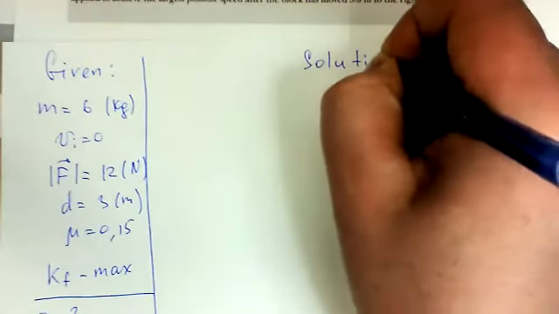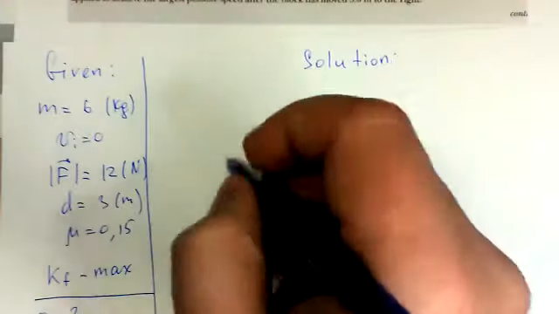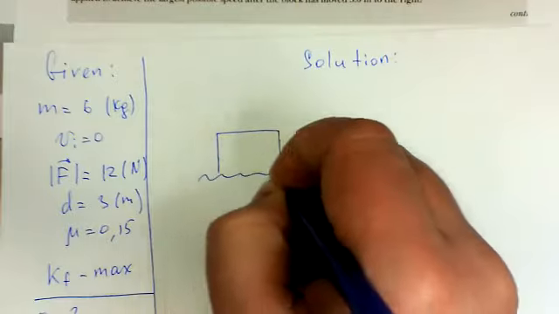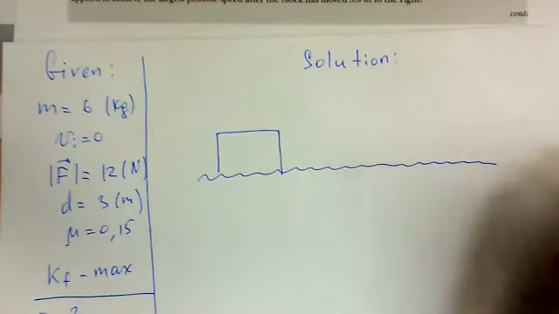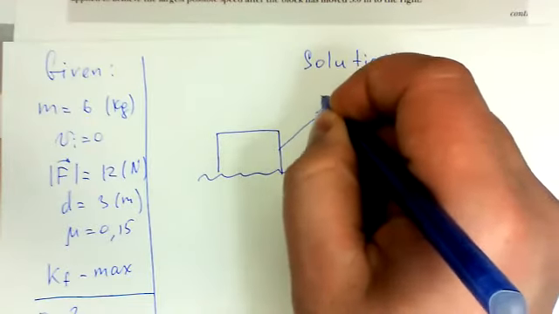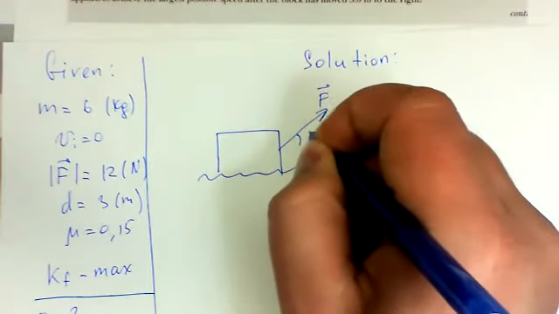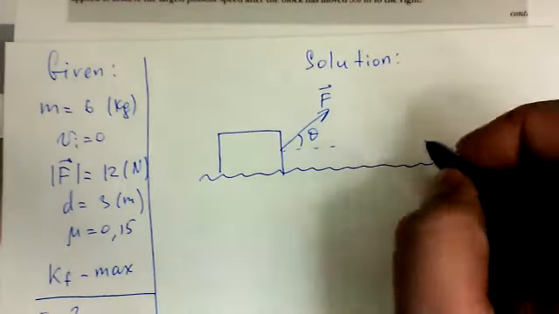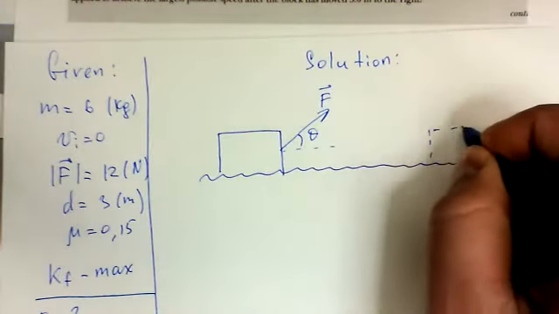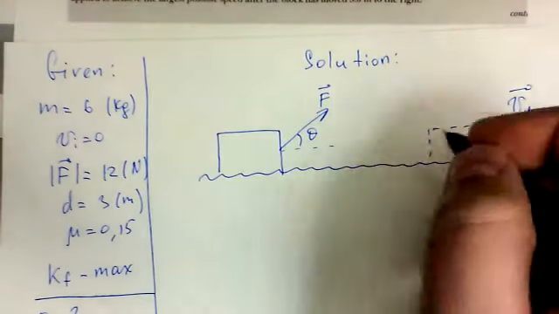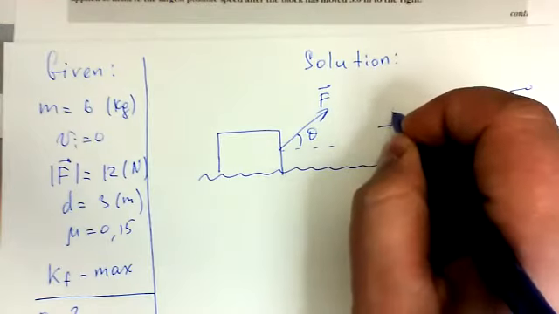Let's discuss the solution. So let's draw this diagram again: the object, the surface which is not frictionless. So there is a force applied at some angle now to the horizontal plane. The object is moved to the right. It has some final velocity here. So the displacement is directed like that.